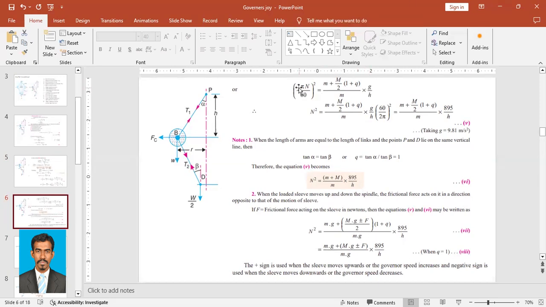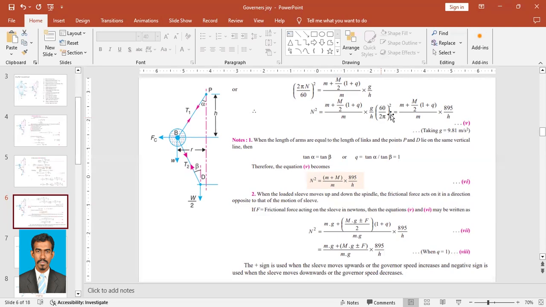We know 2 is a numerical term, pi is a numerical term, 60 is a numerical term. If we replace them all, what we'll have is small m plus capital M by 2 into 1 plus q upon m, this term into g by h, with this 2 pi by 60. I am dividing it, so that is 60 by 2 pi whole squared.